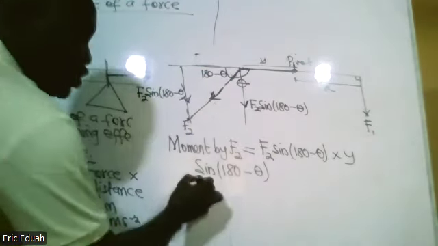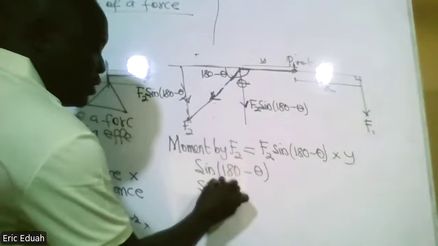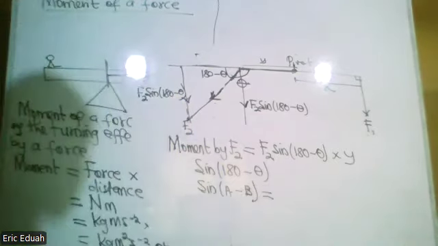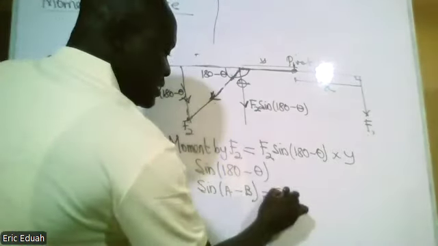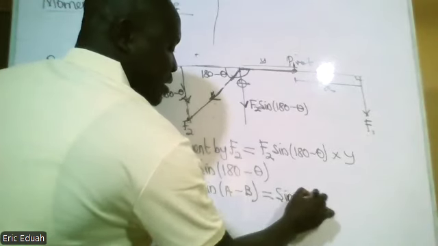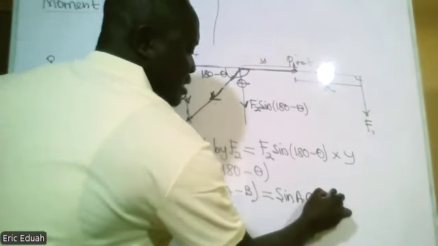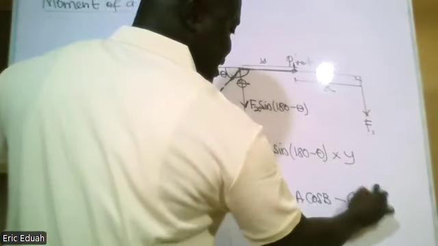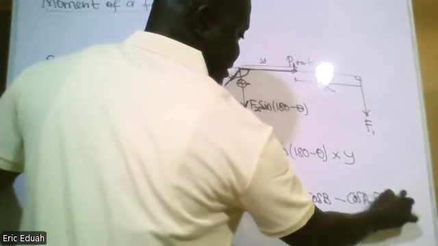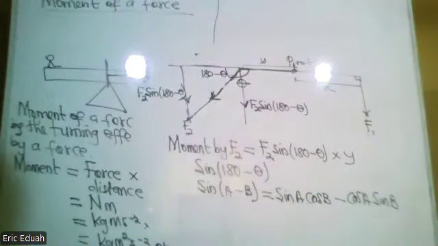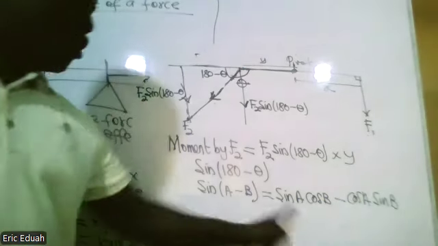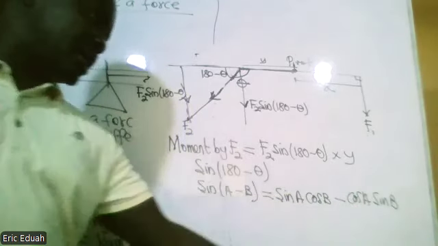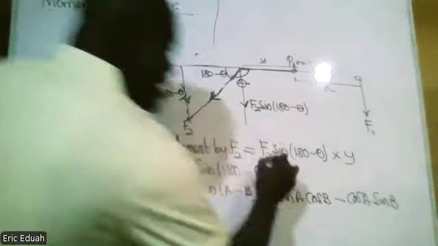If you have a compound angle A minus B, the expansion is sine A cos B minus cos A sine B. So let's apply this.